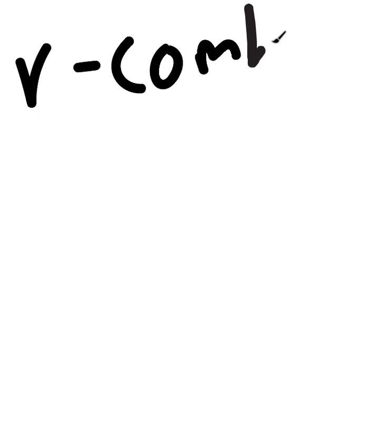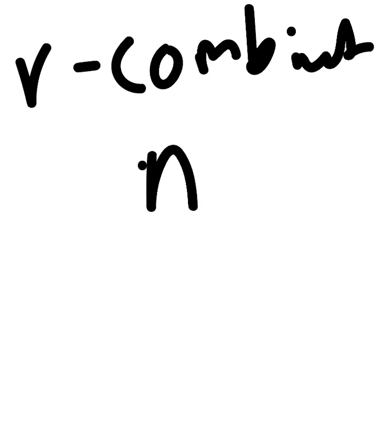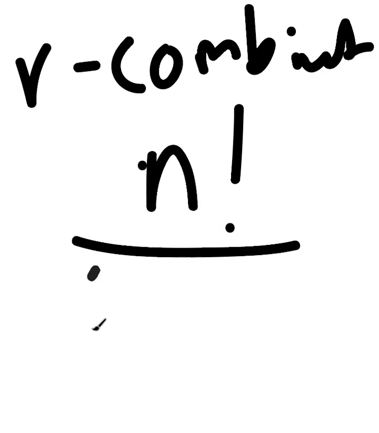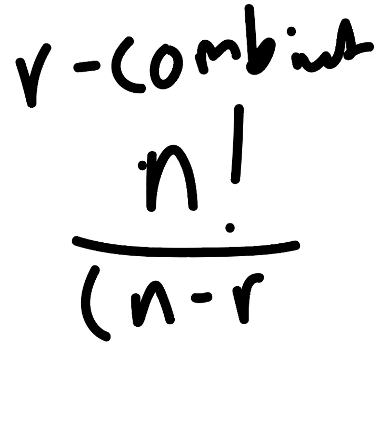So now, if that's the case, to find R combinations, we can simply take n factorial over n minus r factorial, which is the number of permutations we found from the previous derivation, based on that example we did with the spin the bottle, and we found that this was a formula that holds.